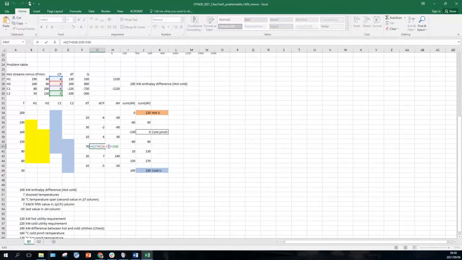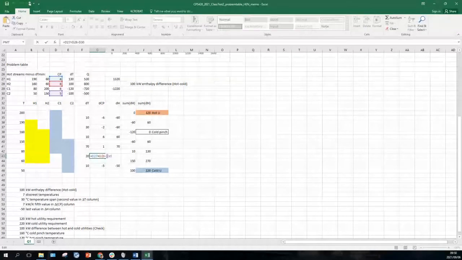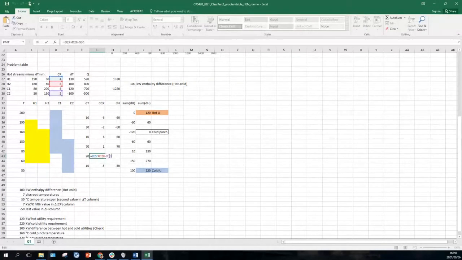H1 plus H2 minus C1 minus C2. And now we're eventually losing out on C1. So we've got plus H1, plus H2 minus C2. And finally, we've only got C2, and that is, oh, yes, -5. I was looking at the 10 here. Right. C2 is 5, but it must be minus because it's a cold stream.